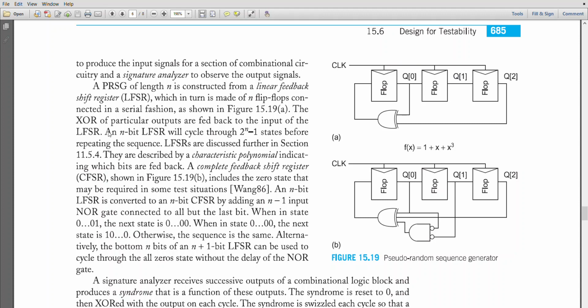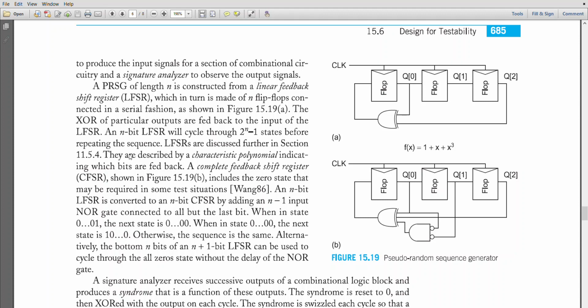An n-bit LFSR will cycle through 2 to the power n minus 1 states before repeating the sequence. Here n is nothing but the number of flip-flops you are connecting. LFSRs are discussed further in section 11.5.4.